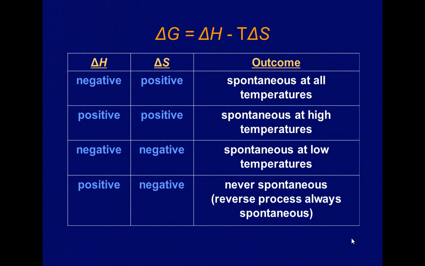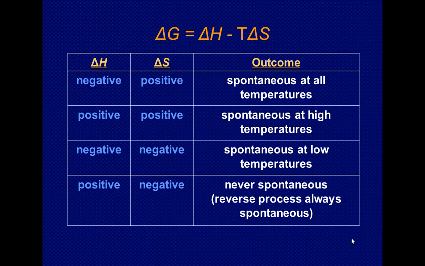So a way to look at these more qualitatively, you can obviously calculate them, but if your delta G is negative when you're spontaneous, if both the terms in the equation, delta H and T delta S, are able to keep that value negative, then you're always going to be spontaneous.